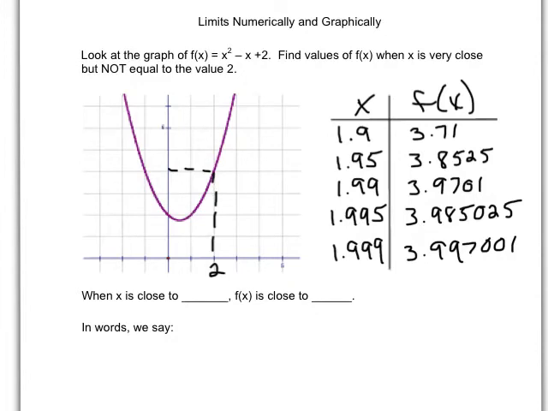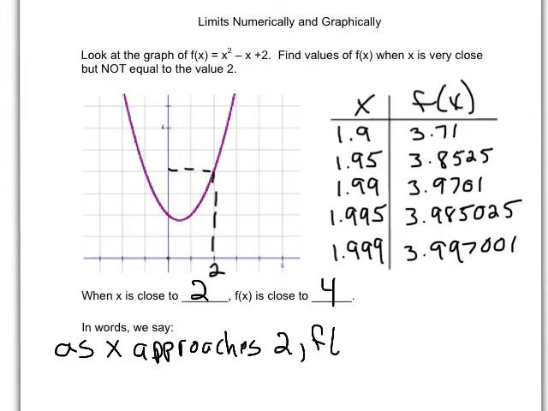When x is close to 2, f of x is close to 4. So as x approaches 2, f of x approaches 4, and we say it approaches a limit of 4.